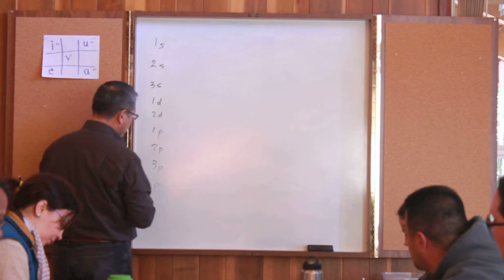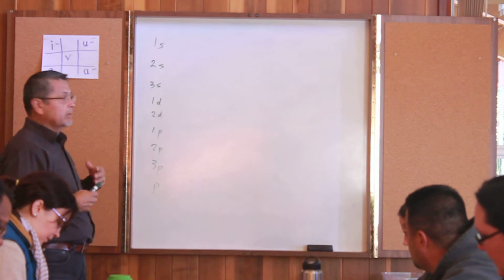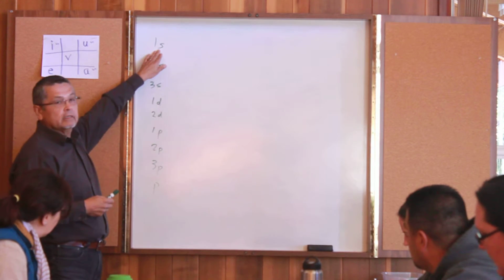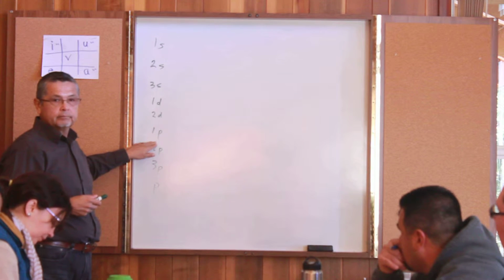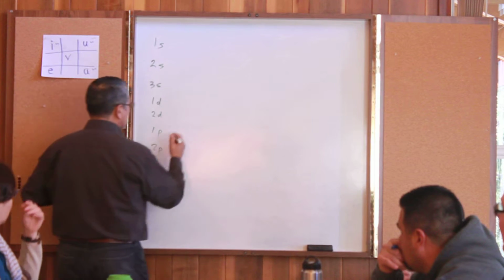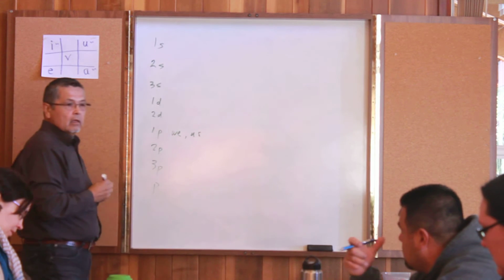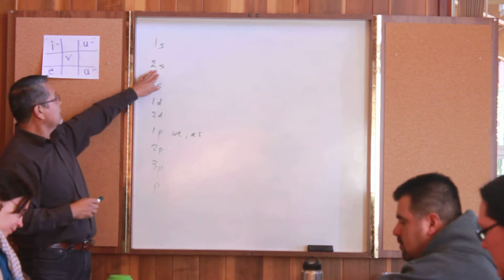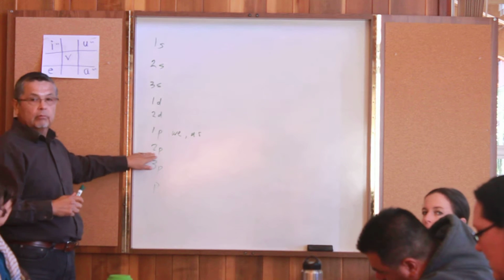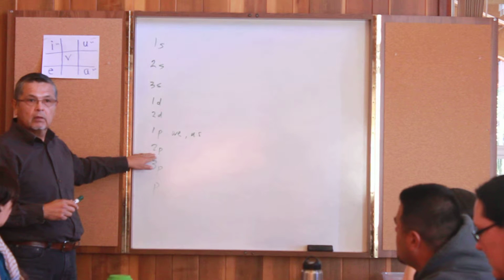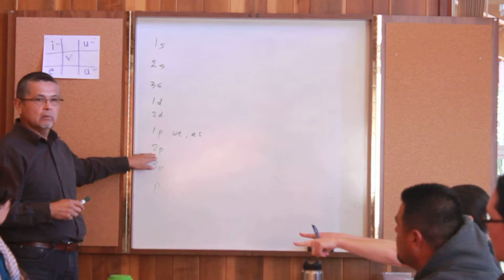Now, by analogy, you should be able to tell me: if first singular is I or me, then what is first plural? We. It can go to us. Correct. Second singular means you, so what does second plural mean? You guys.